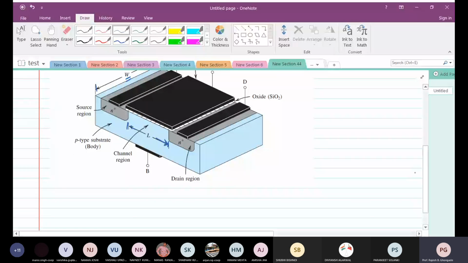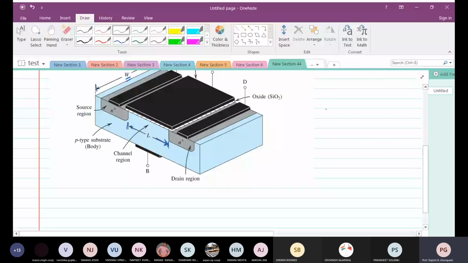Basically, if you look at the structure, you'll see that we have a kind of capacitance that is created, isn't it? We have a capacitance which is created. And what is the oxide capacitance? That is called the oxide capacitance. So who is creating the capacitance?